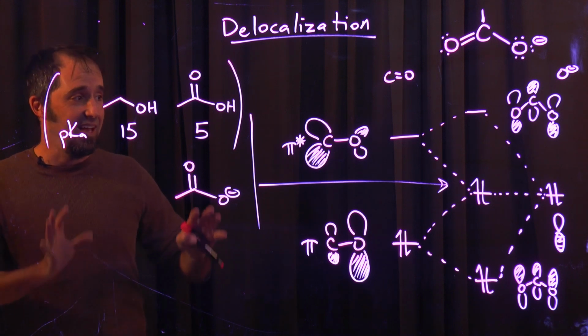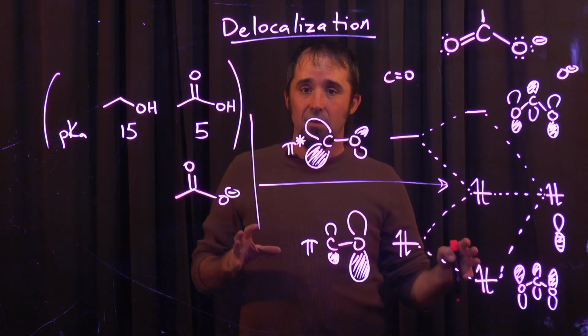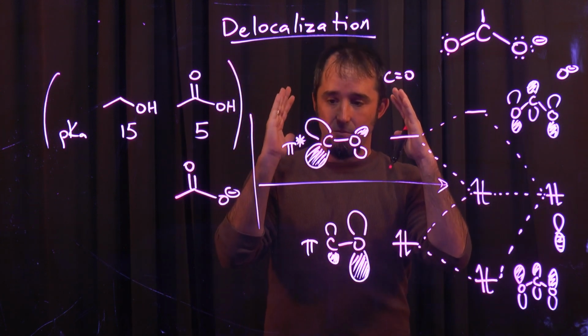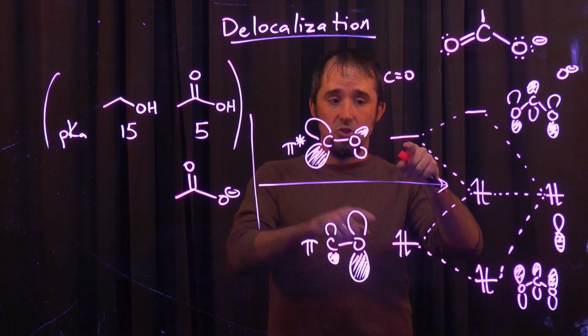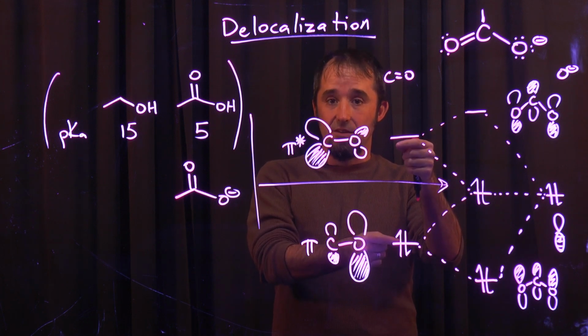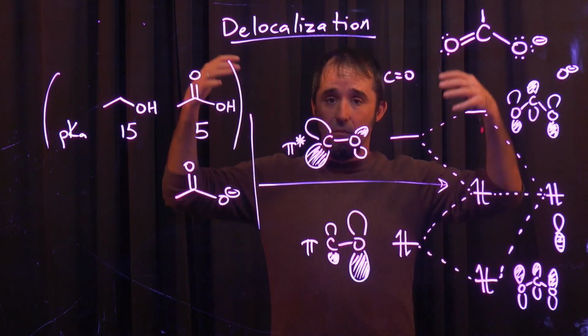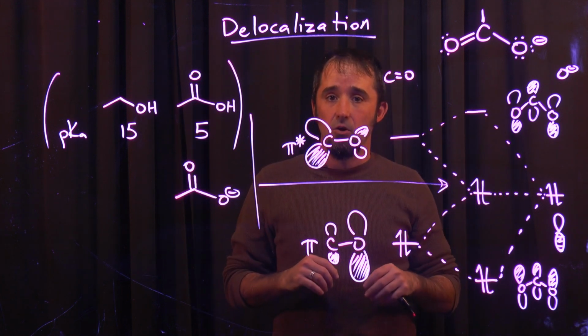To understand that, we're going to look at its molecular orbitals. So before, we looked at making the pi and pi star orbitals, if you remember. We took 2 p orbitals, we got 2 molecular orbitals out of it, because that is how it works. The number of atomic orbitals gives you the same number of molecular orbitals.